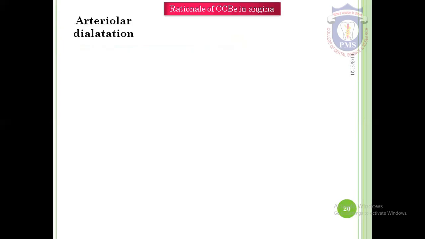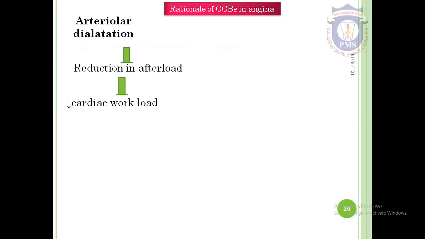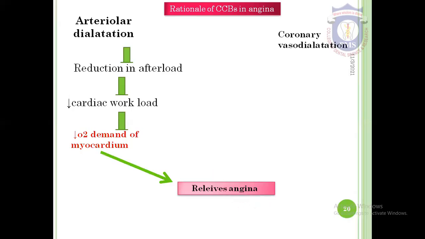Calcium channel blockers cause arteriolar dilation, so there is reduction in afterload and the cardiac workload, and there is decrease in the oxygen demand of myocardium. As a result of this, there is relief from angina.